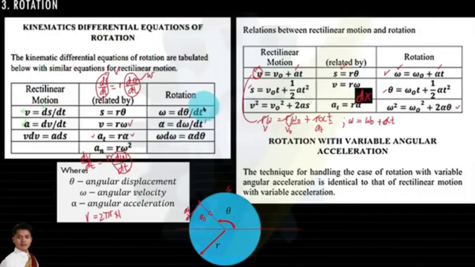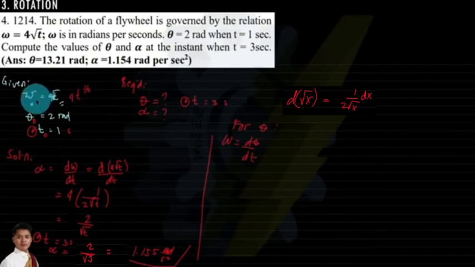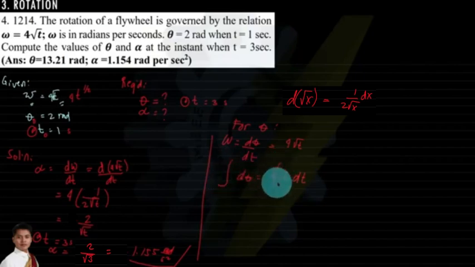Next, from the differential equation of rotation, which is omega is equal to d theta over dt, we can now solve for theta. So substitute the given equation for omega, 4 square root of t. So d theta is equal to 4 square root of t dt. Then integrate both sides. We can now use the given theta and t as our lower limits.